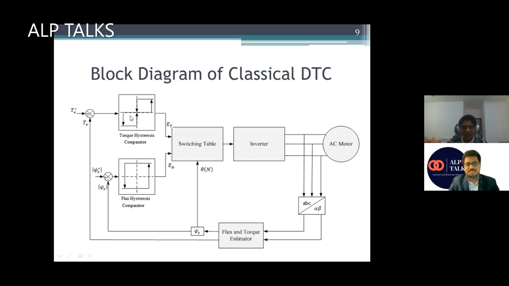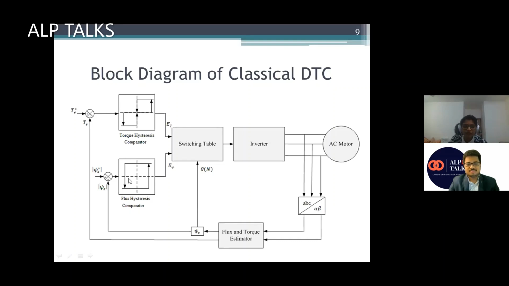If the error lies between the bands, the output will be 0. And if the error lies below the lower band, the output will be -1. This is how our torque hysteresis comparator works.